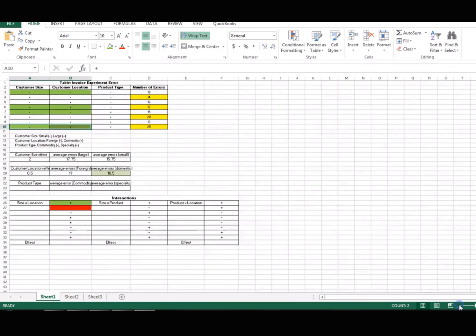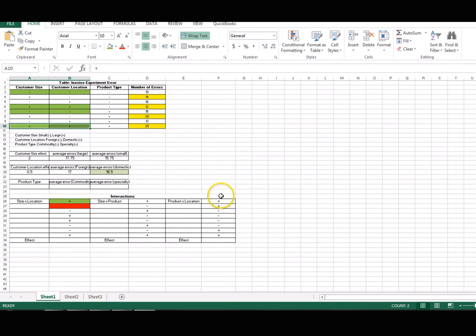So I'm going to minimize this for a second so you can see the big picture. You see how this is positive? Again, minus, minus. You see how this next one is negative? This is plus, minus. So these two, respectively, are red. Notice how these are red, too, right? They correspond.